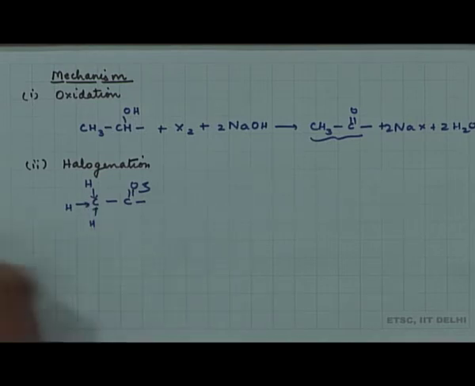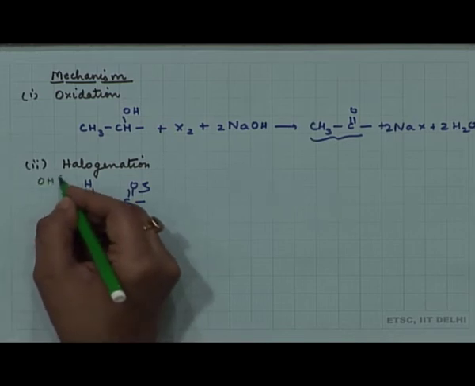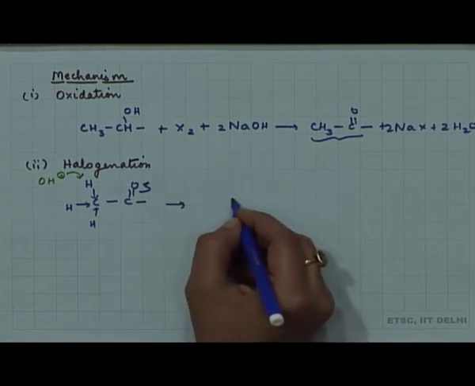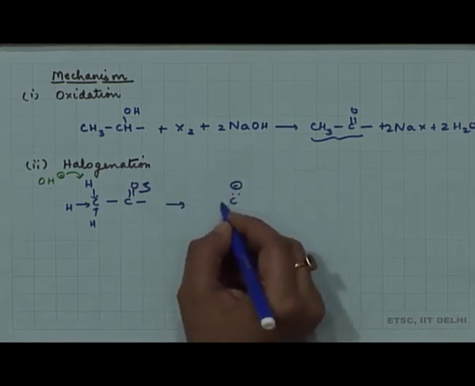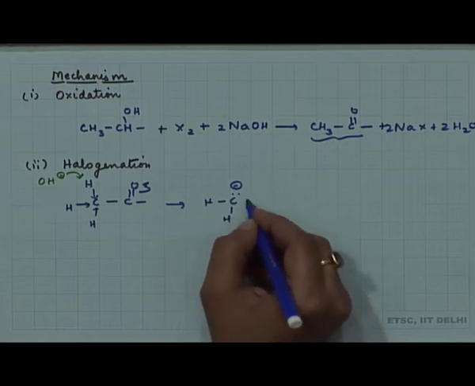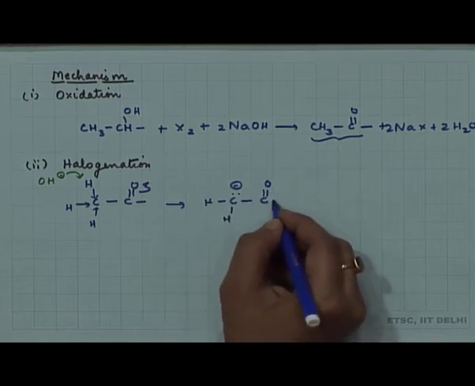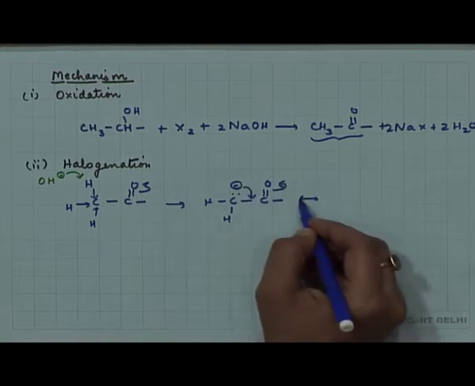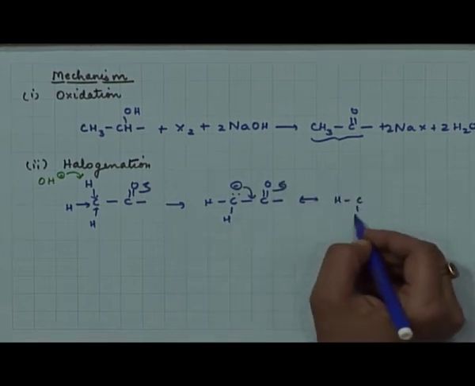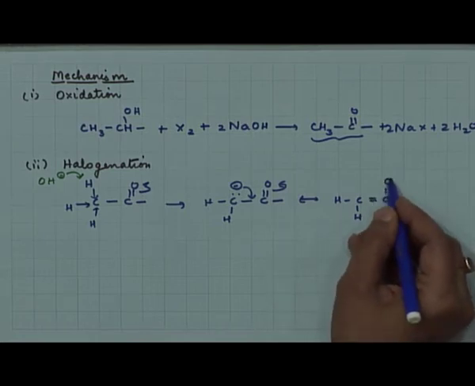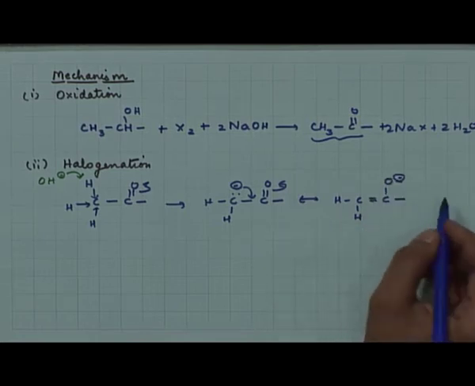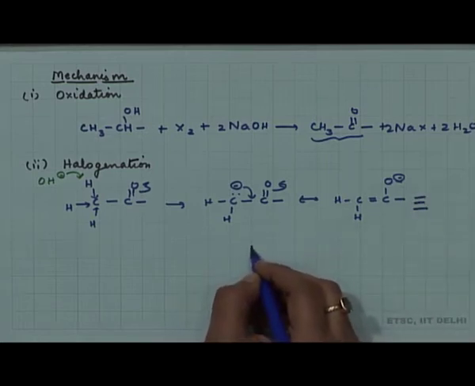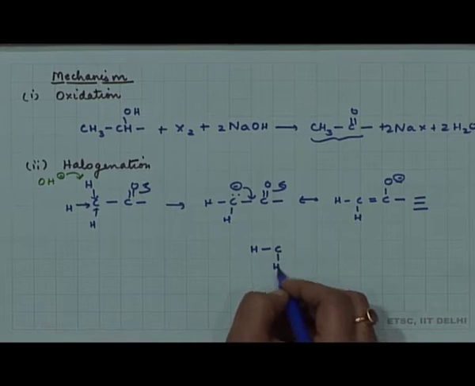So, in the presence of the base, the base comes and abstracts this proton, so that you get an intermediate which is next to a keto. So, this is nothing but an enolate. You are generating an enolate, which is a stable species here. You can write the resonance hybrid structures for this enolate.